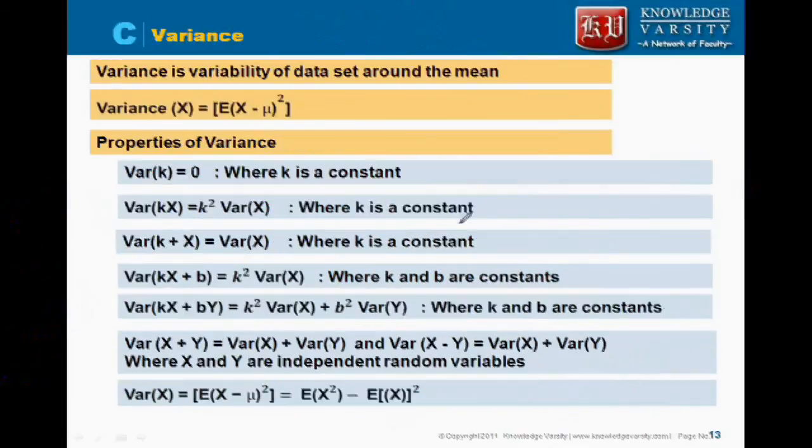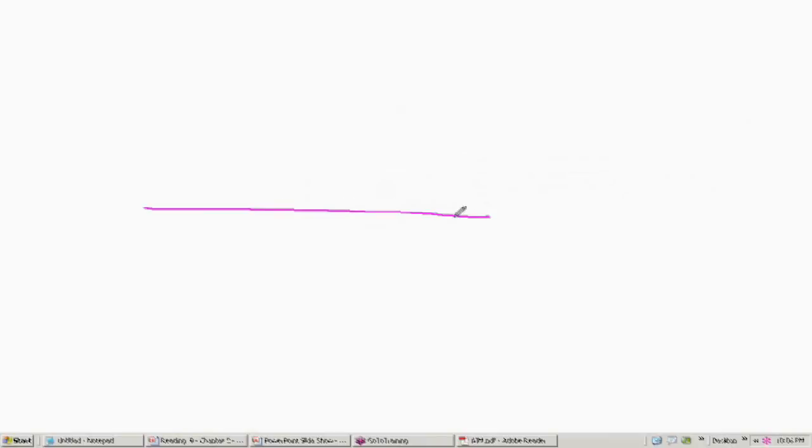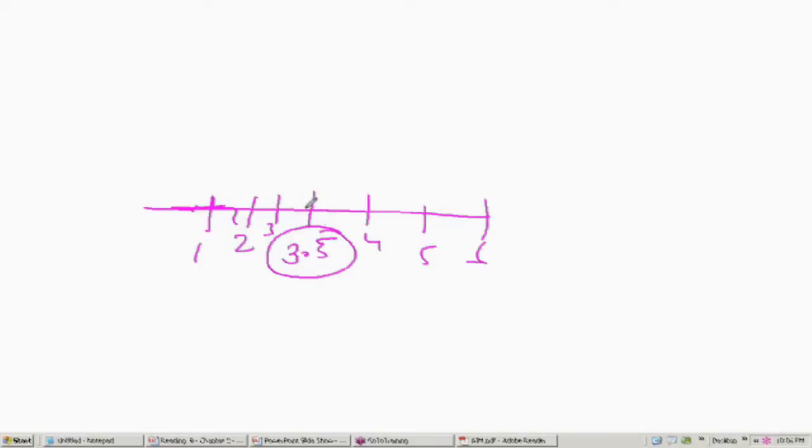So let's move to the next topic, which is variance. Let's say the expected value was 3.5, but you were getting numbers as 1, 2, 3, 4, 5, 6. So what was happening was there was a variance.